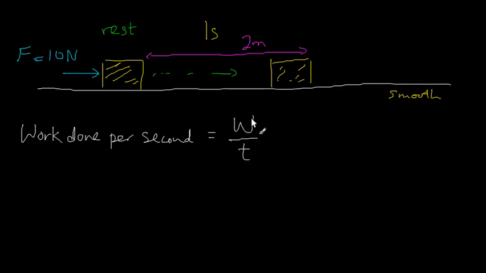So if I divide work done by time, my answer would just be the work done per second. Now, this idea of work done per second has a name. It is called power. I'll represent it by P.